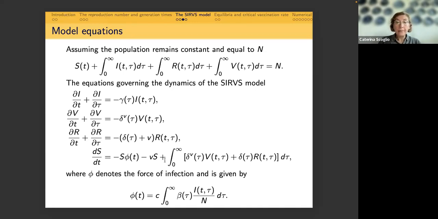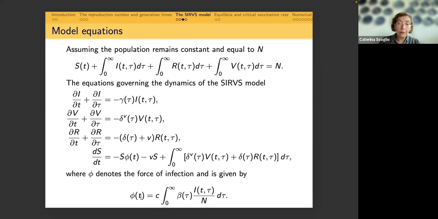The input to this compartment are instead the vaccinated and the recovered that lose immunity, so they go back to S.